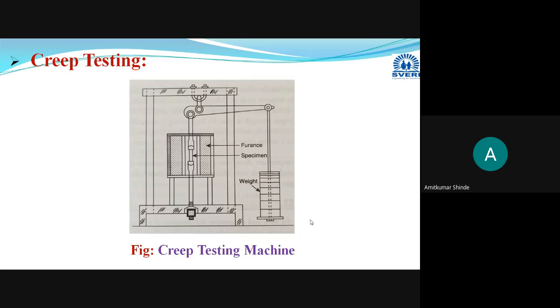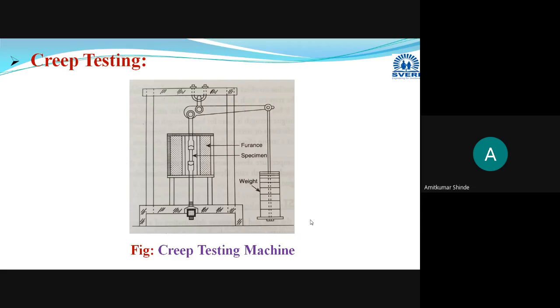Okay, I will repeat it again. What is the meaning of creep? In other words, the change in length occurring in that particular specimen, or simply slow and progressive deformation occurring in the material with time.